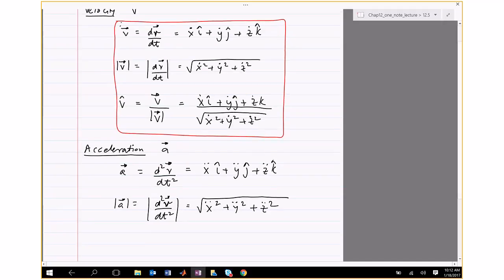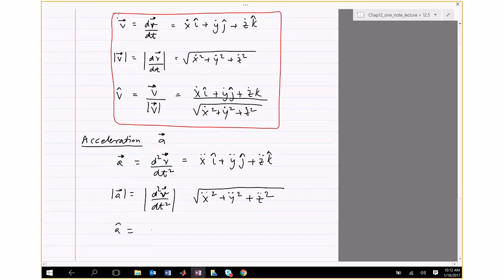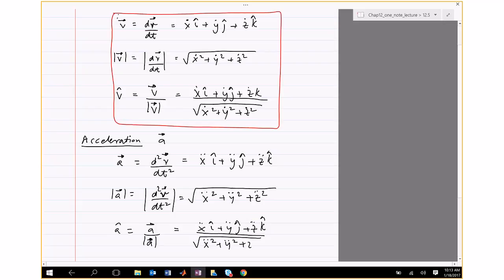And finally, the unit vector in the direction of a is x double dot i plus y double dot j plus z double dot k divided by the square root of x double dot square plus y double dot square plus z double dot square.